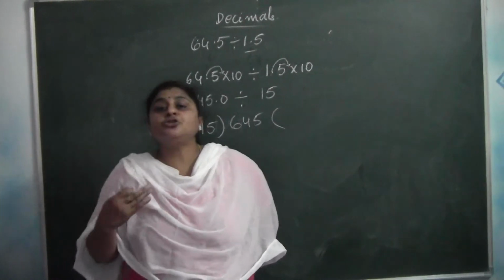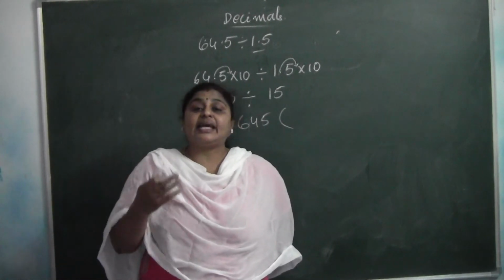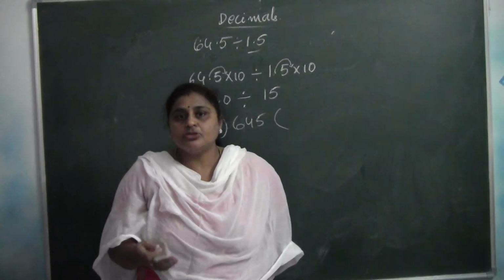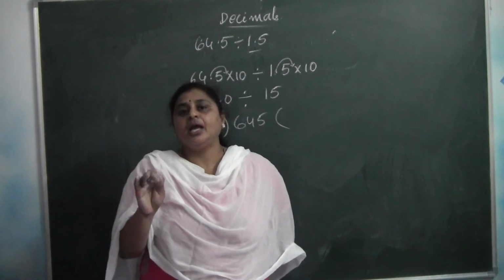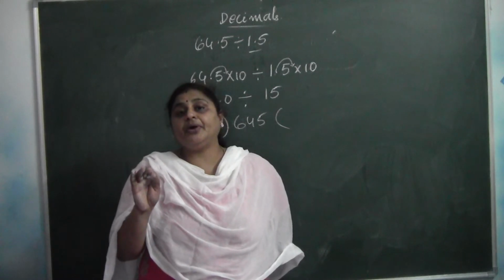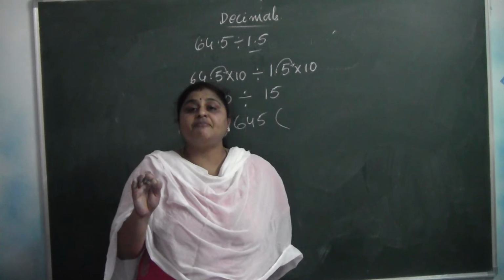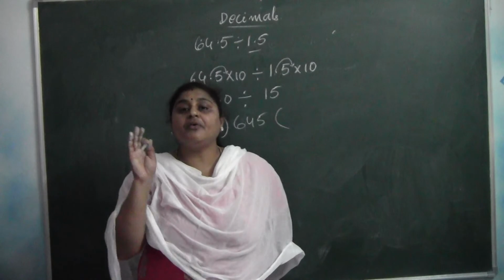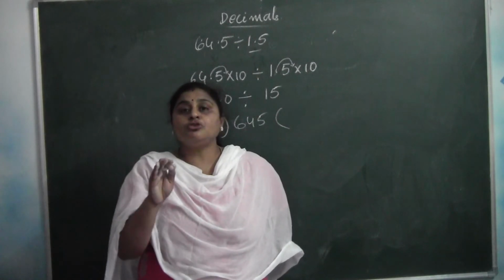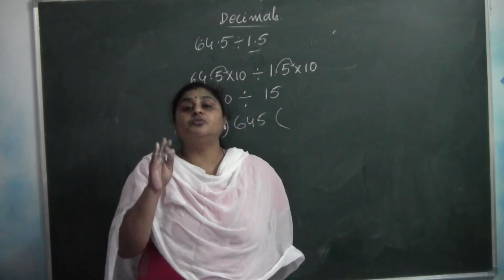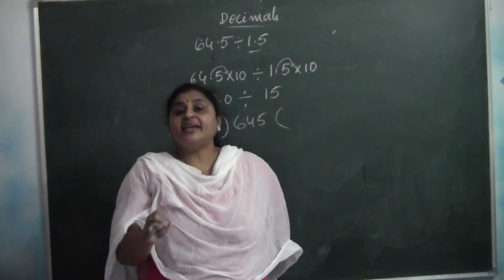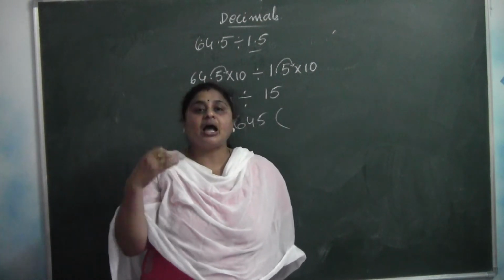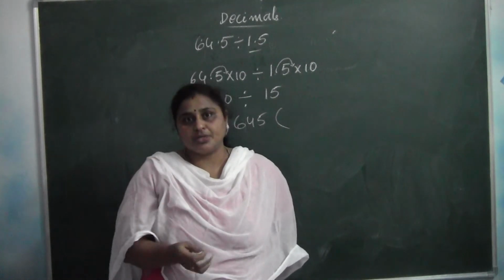So how do you come to know whether to multiply with 10, 100 or 1000? So simple, in the divisor just observe after the decimal point how many digits have been placed. Depending on that you can conclude with what number we have to multiply the divisor. Is it either with 10, 100 or 1000?